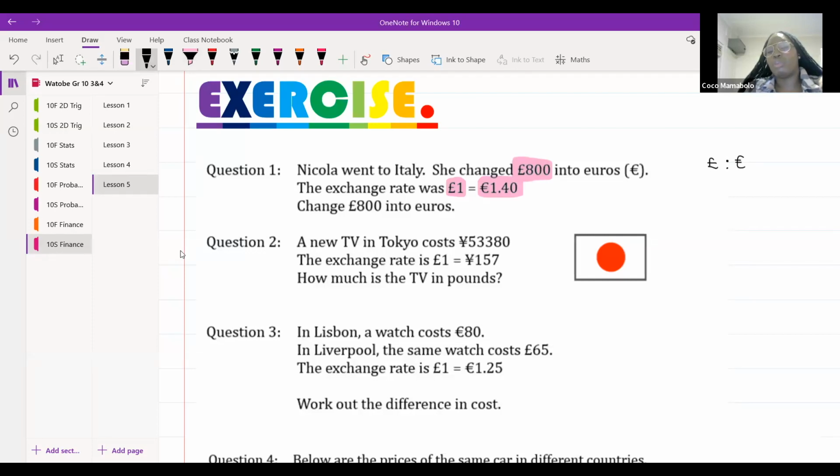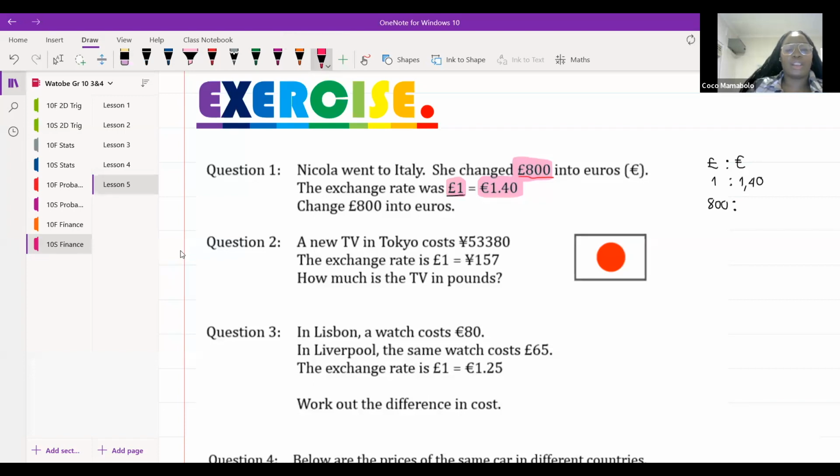And I know that I've got 1 pound is to 1.40 euro. But now they tell me in the question that I've got 800. So this 800 pounds needs to go in the pounds column. So I'm going to write it over here. 800. Well done, Yusuf. That's the correct answer.